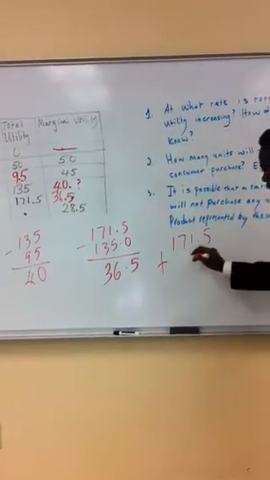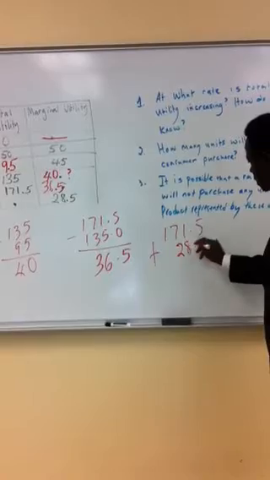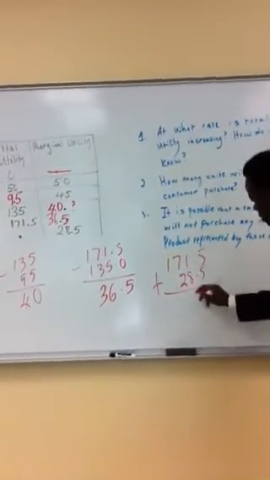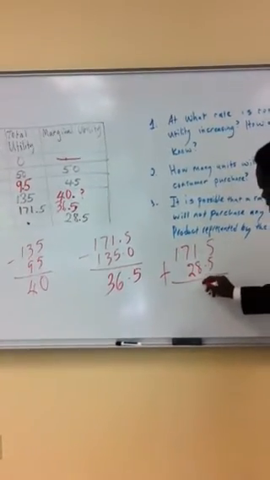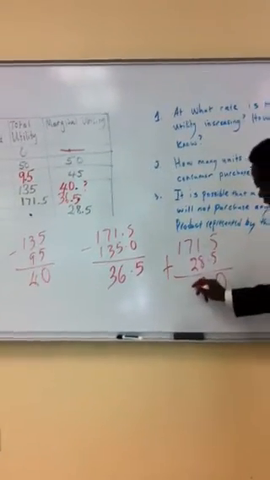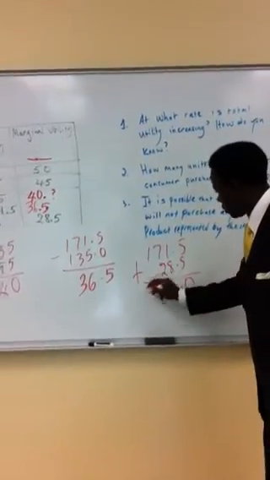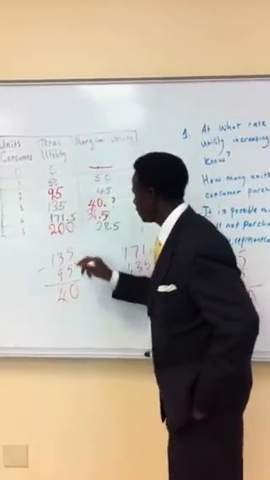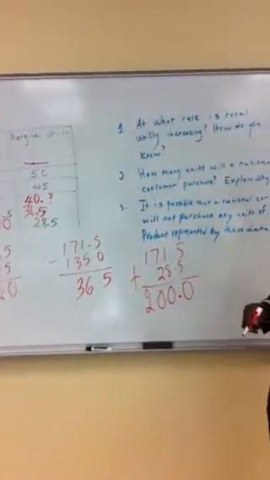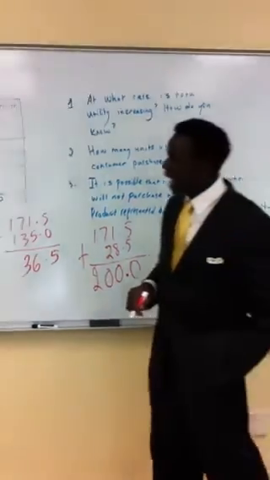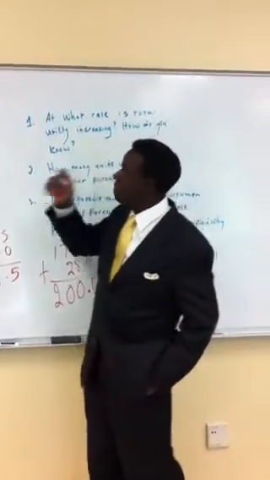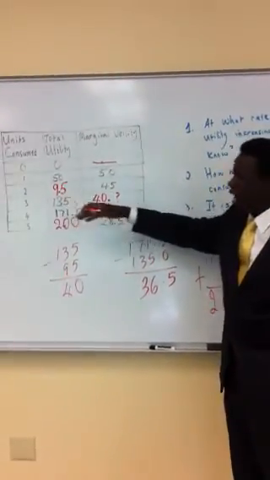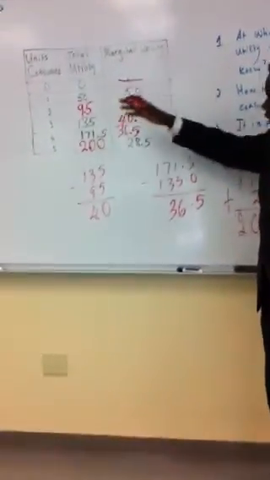So 171.5 plus 28.5, you're going to have 200.